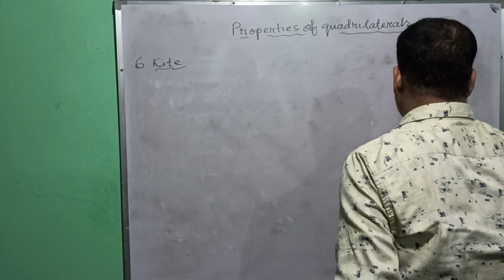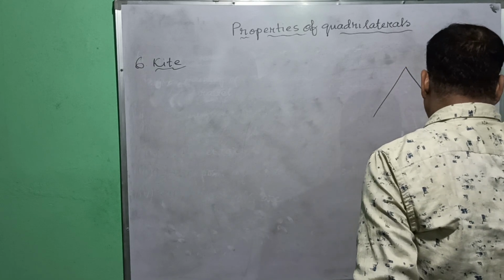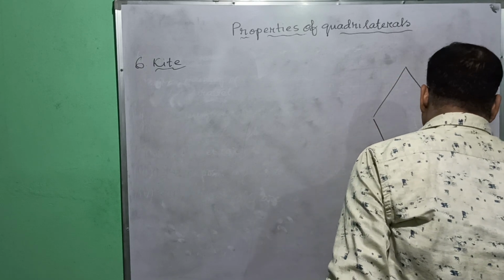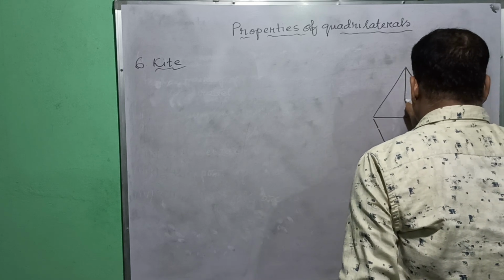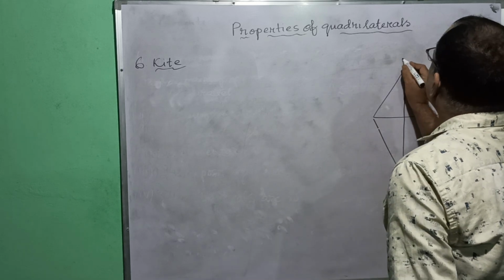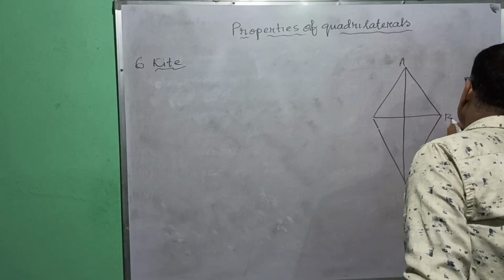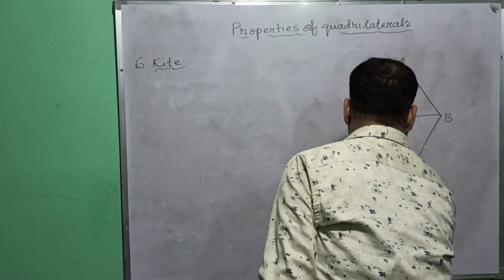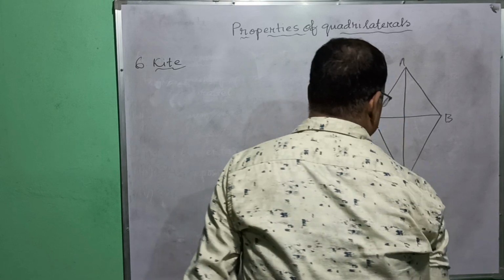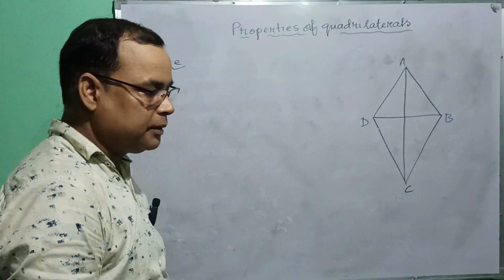So let me draw a kite. Let ABCD be the kite. So this is the figure of a kite.